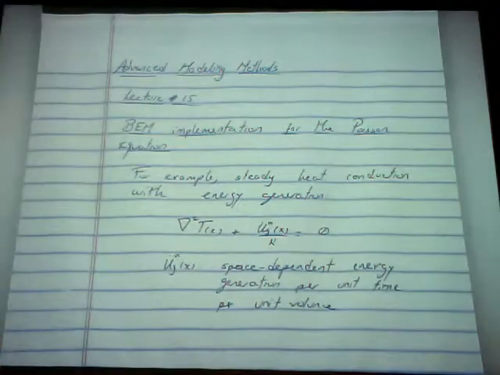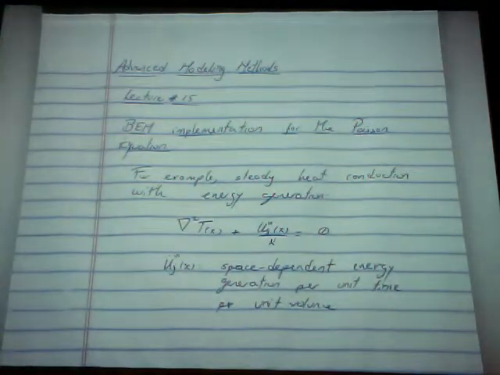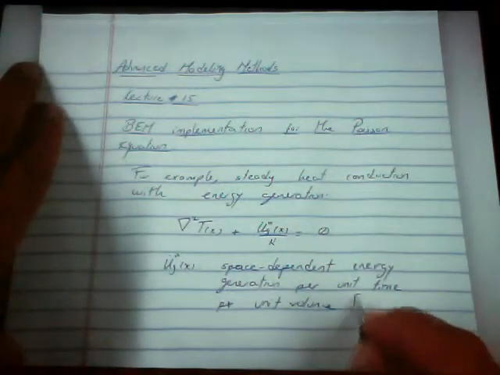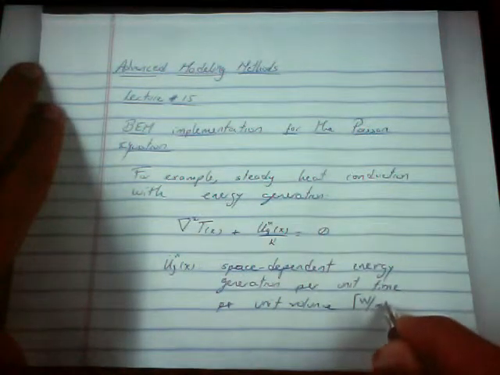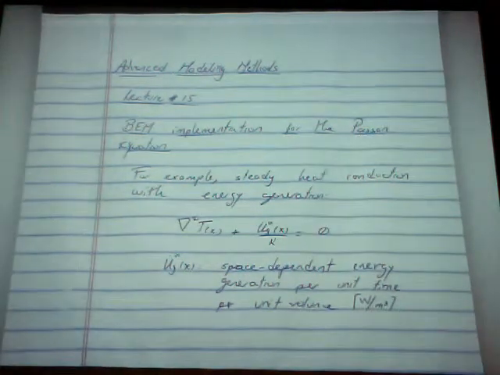That's why there's that triple prime. That means that the units of these are watts per meter cubed, in SI units. Energy per unit time is power, watts, and per unit volume is meter cubed. That makes all of these dimensionally consistent.